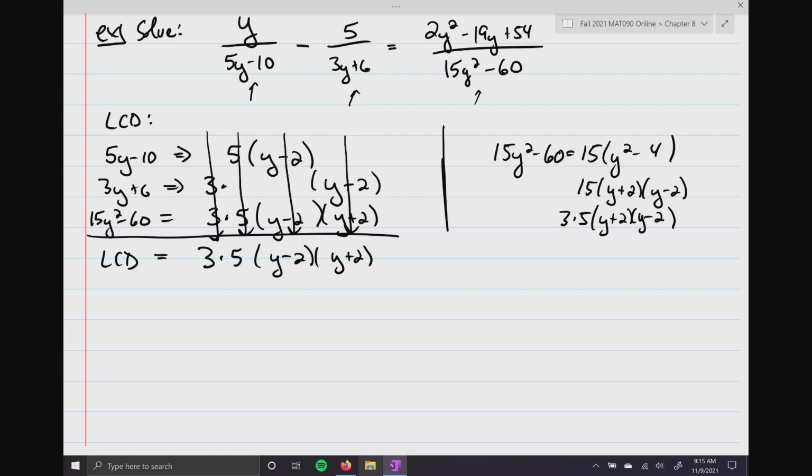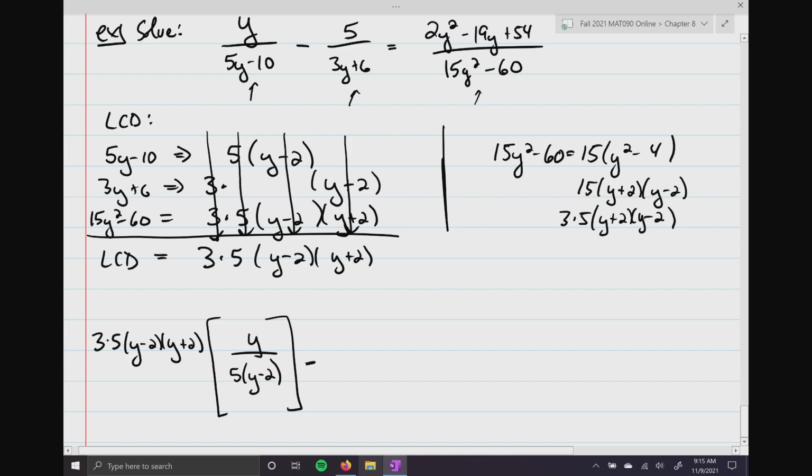All right, so here we go. Let's take our time with this. Hopefully I can write nice and neat. 3 times 5 times y minus 2 times y plus 2. Before I do anything, I just want to copy this so I don't have to keep writing it. So I want to multiply this by y over 5 times y minus 2. Okay? Minus, now let's see how good I am at this.